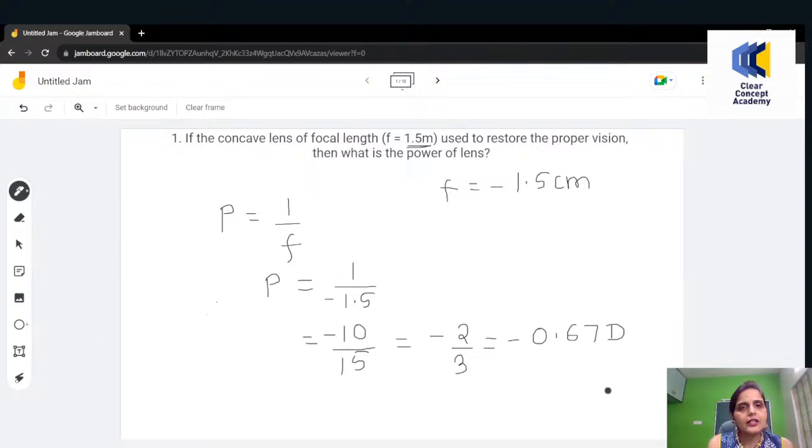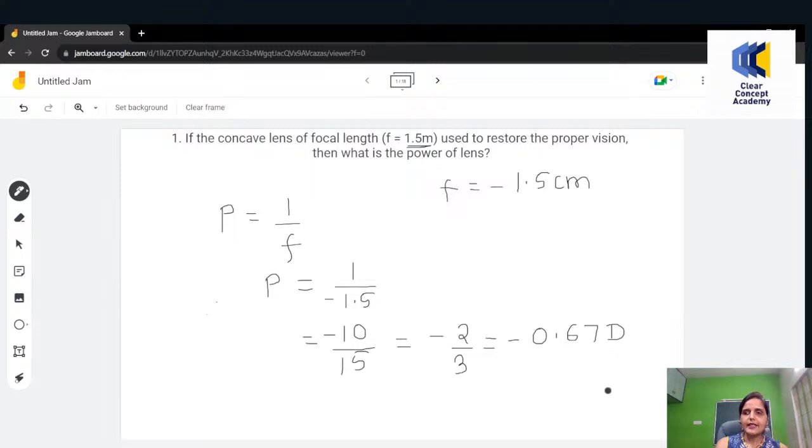Since it is the concave lens that is used to restore the proper vision, the defect is myopia. To correct the defect of myopia, concave lens is used. Since it is the concave lens, the focal length must be negative. Since the focal length is negative, power of the lens is also negative.